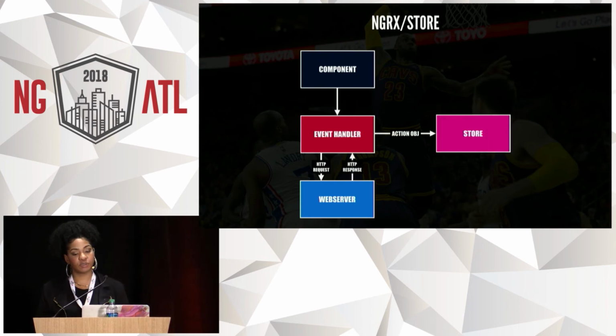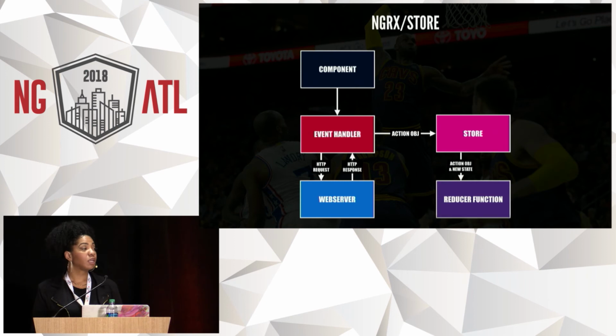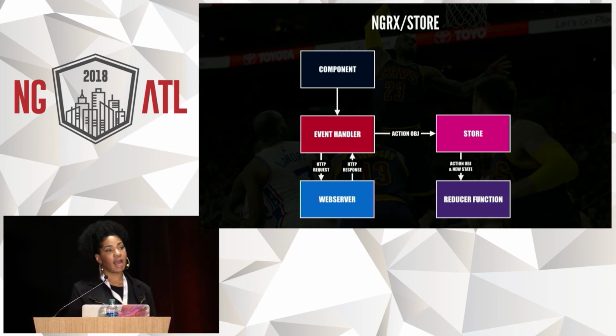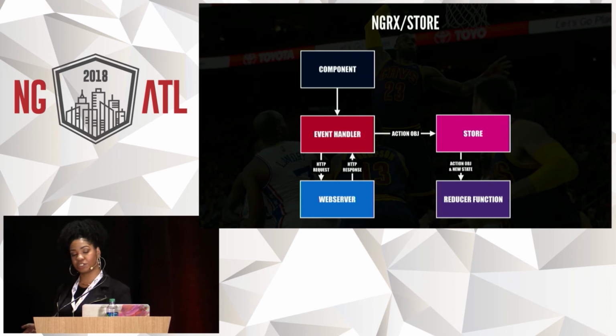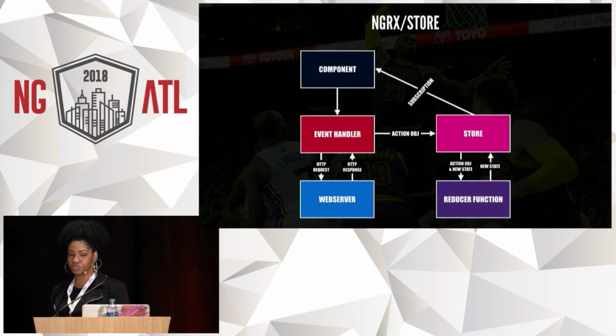Each handler uses a store dispatch method to send the desired action type and payload to our reducer. The reducers specify how the state has changed in response to the actions and take those actions and update the store. An observable stream is then returned to our component subscription each time a new state is pushed.